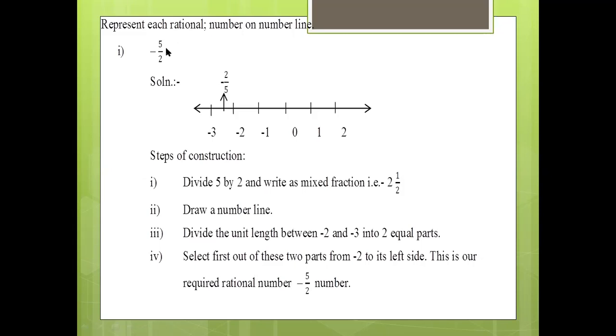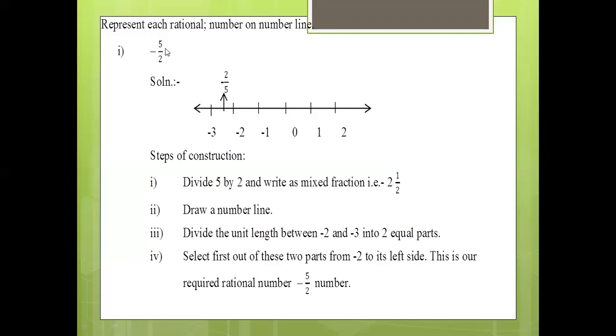So first you convert the improper fraction into a proper fraction or mixed number, and after that you draw it on a number line. So first, if you are given any rational number, you check whether it is a proper or improper fraction. After that, you draw it.